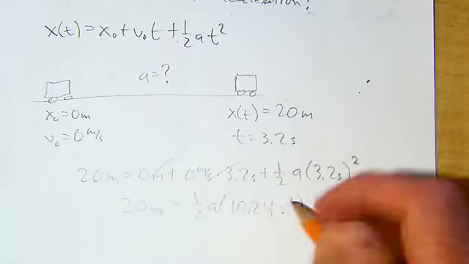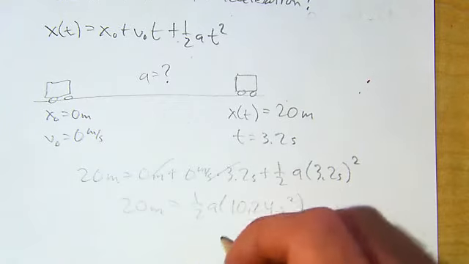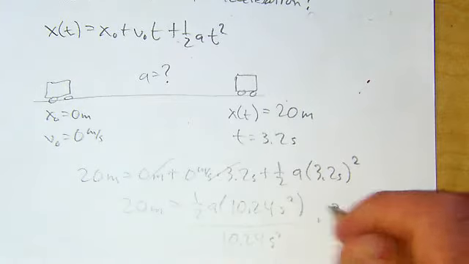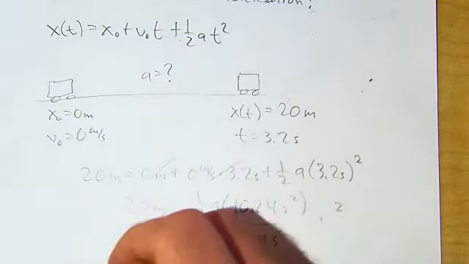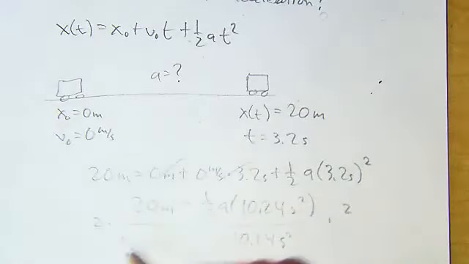Divide each side by 10.24 and also times by 2, right? I could also say times by 2 to cancel out that half.